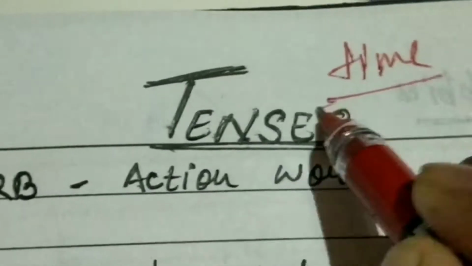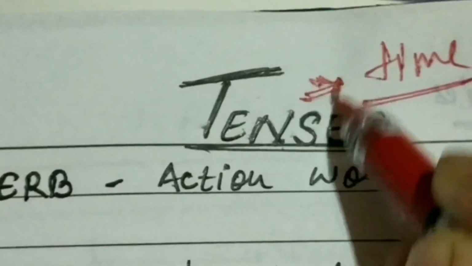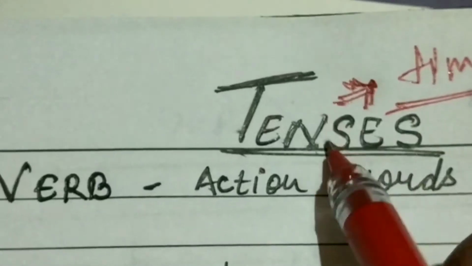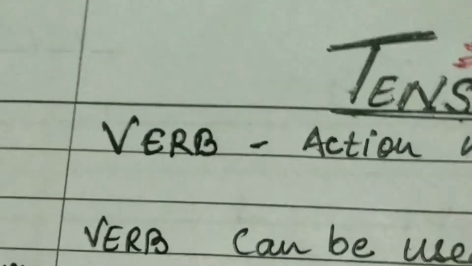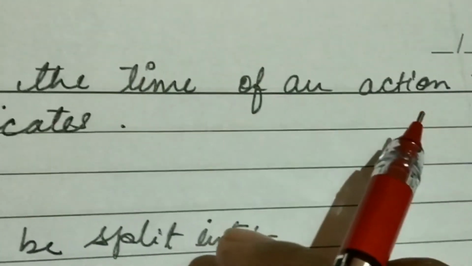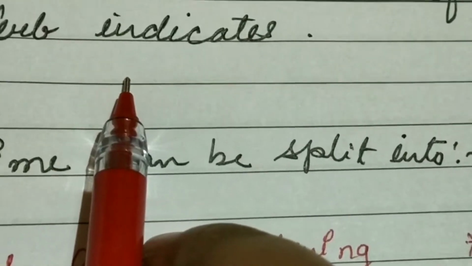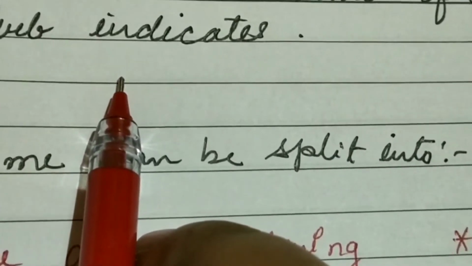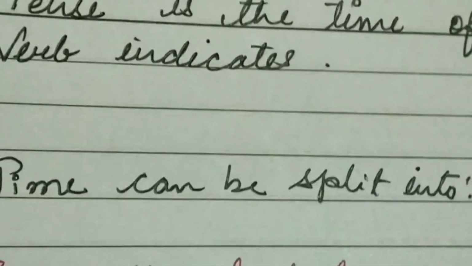It will be very simple. If you keep the meaning of tense as time, you will get the definition of tenses. So what do tenses do? Tenses denote the time of the action that the verb indicates. So tenses are nothing but the time of an action that a verb indicates.